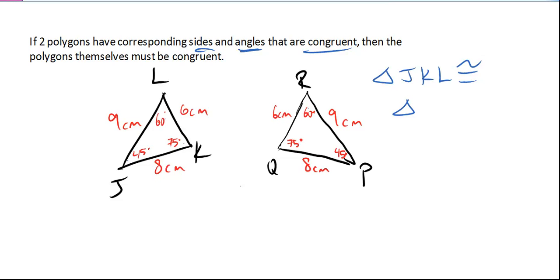So I need to write P first, and then what corresponds with K is Q. They're both 75 degrees, and then what corresponds with L is R. You can look at that based on their angle measurements and also what's joining them. For instance, the 9 side and the 6 side, the vertex joining them should correspond with the vertex joining 9 and 6, which would be R, which still matches up with L.